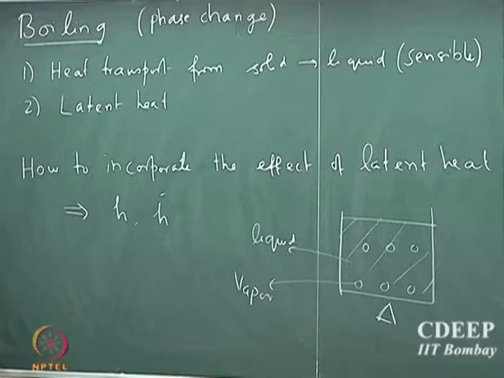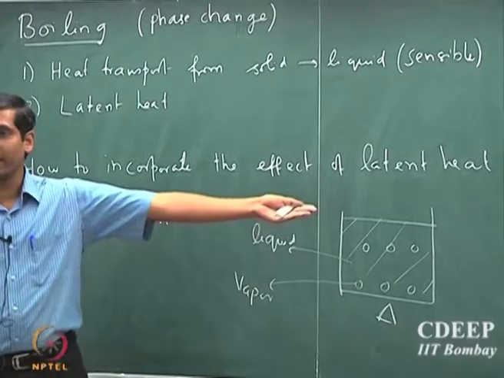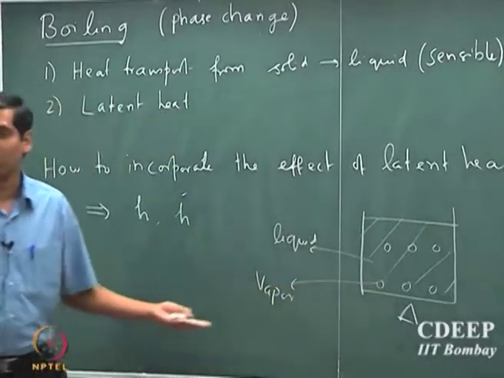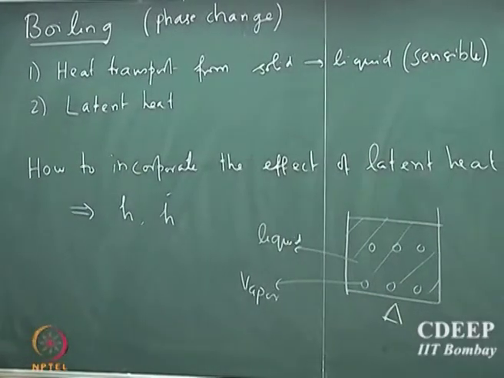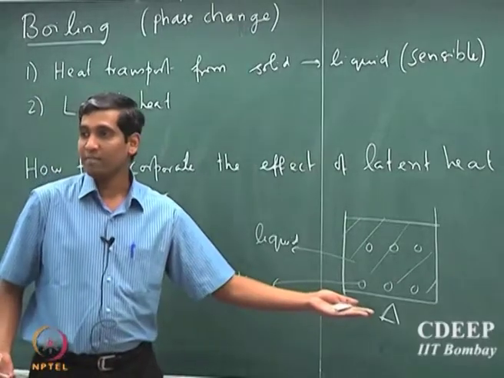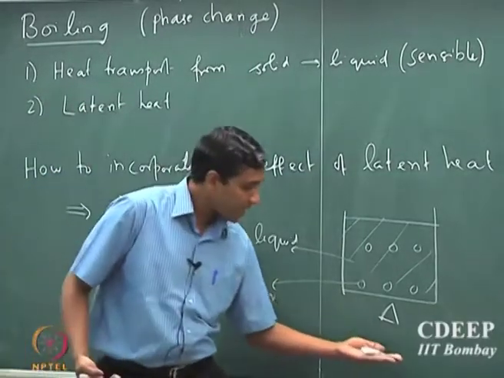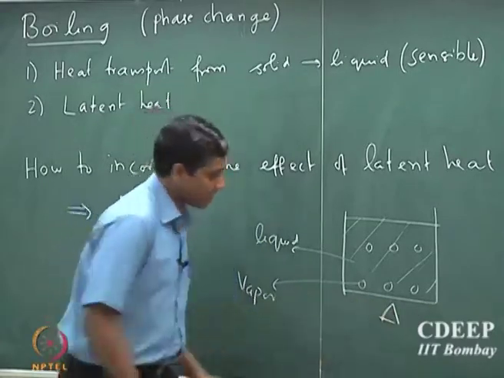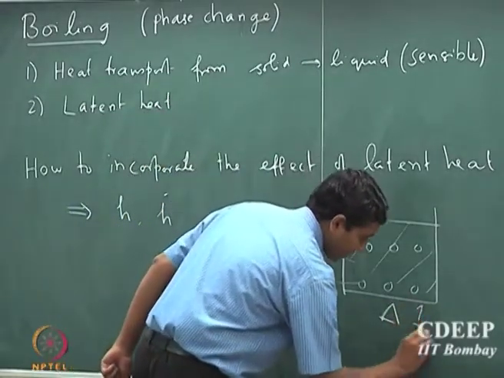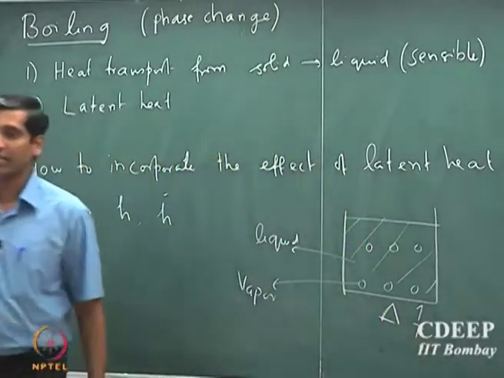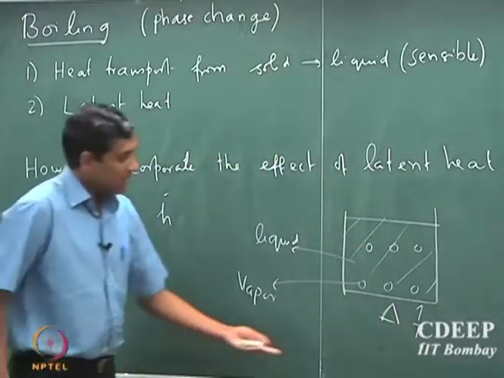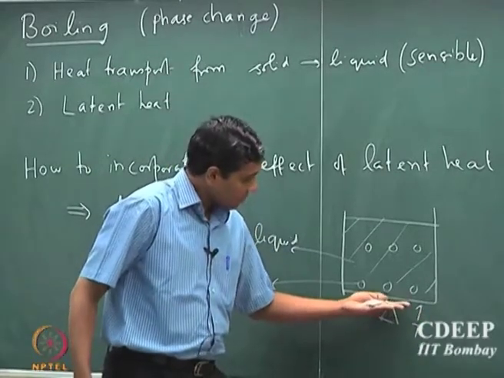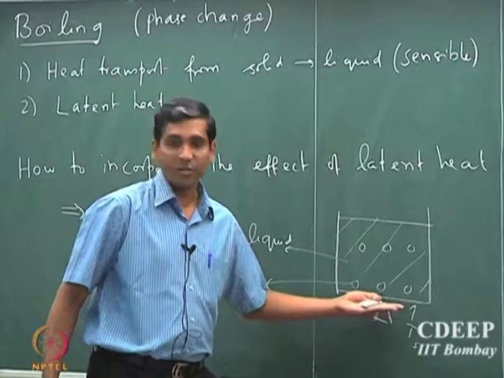It is not enough to simply know the amount of latent heat, it is also important to know what fraction of the fluid is converted to the vapor state, because there is latent heat involved here. Whatever heat is supplied from the bottom surface of this container, let us say I can maintain it at some surface temperature Ts.